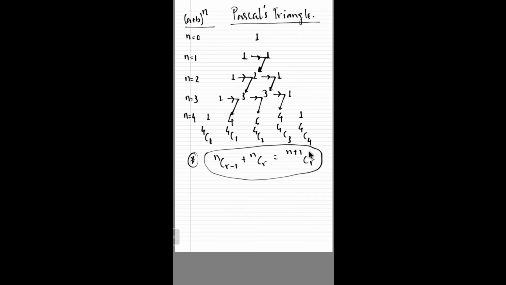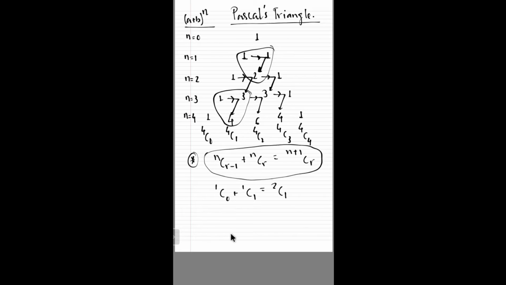If you observe it here, if you take n is equal to 1, then these two values will give you 1C0 plus 1C1, which is nothing but 2C1 from this formula. And here in this triangle we are getting that. In the same way, if you take n is equal to 3, then you see in this triangle what is happening.